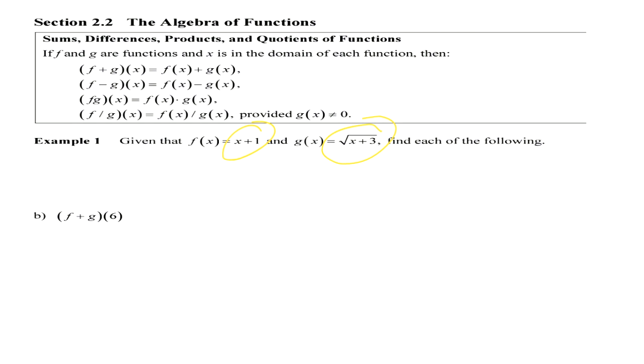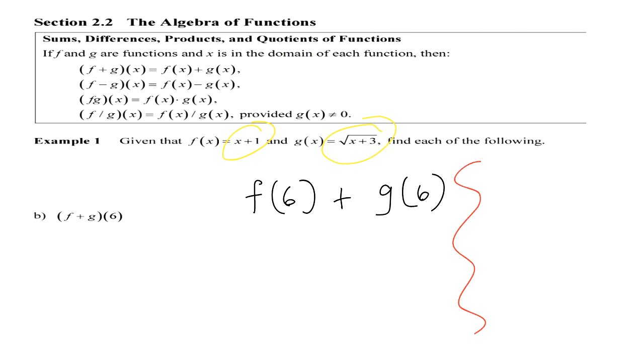So I have f of 6 plus g of 6. In the other problem, I had f plus g of x, and they just split it up as f of x plus g of x. So we just do the same thing with the 6: f of 6 plus g of 6.